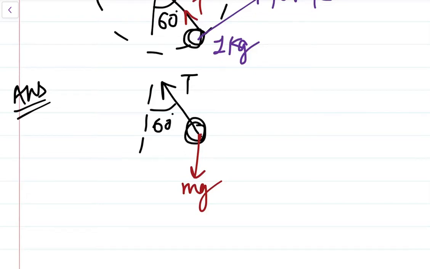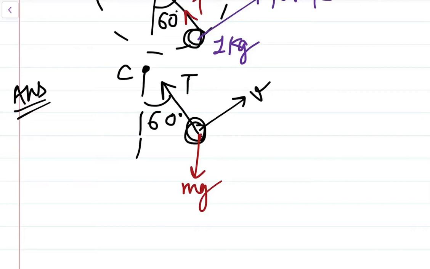Wait a minute, this is the center of the circle, and this angle is 60 degrees, and the particle is moving like this with the velocity v. So obviously it will experience a centripetal acceleration in this direction, towards the center. So be careful with this direction.